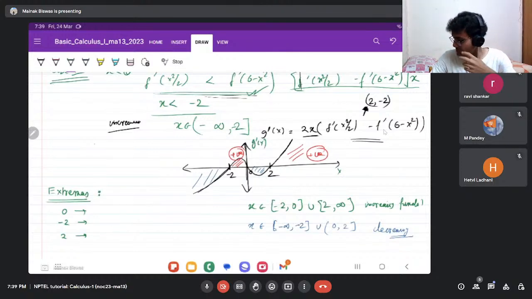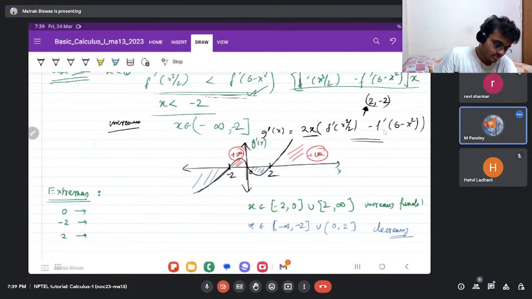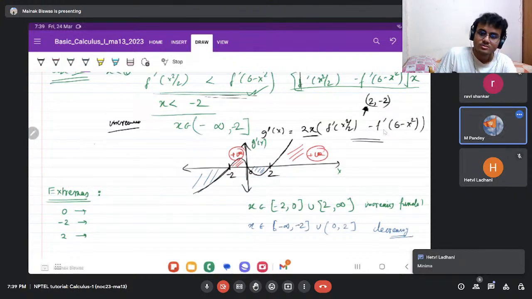Am I audible? Hello? Yes, sir. g dash x equal to 0, critical points 0, minus 2 and 2. Yeah, so at 0 what do you think, is it a maxima or a minima? So HB says it's a minima.